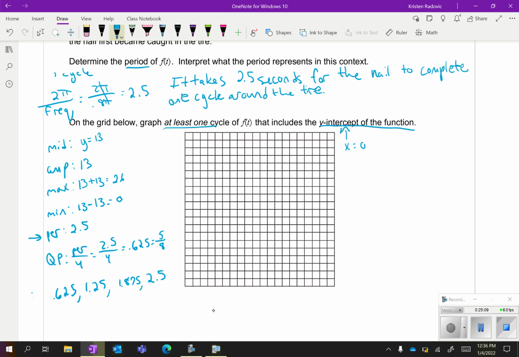Now, if you wanted to do it with a fraction, it's actually pretty simple as well. If you have 5/8 plus 5/8, 5 plus 5 is 10, plus another 5 over 8. 10 plus 5 is 15, plus another 5 over 8. 15 plus 5 is 20.